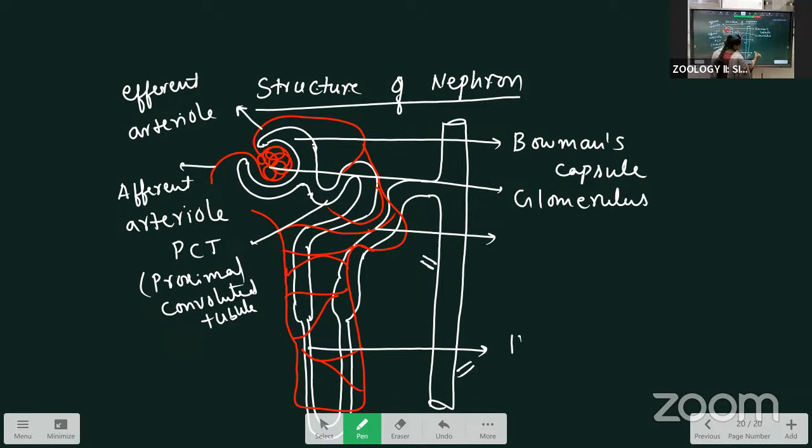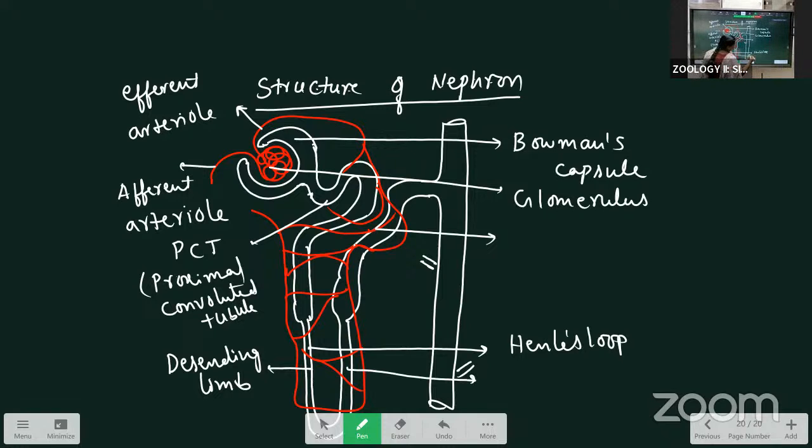The loop of Henle has two limbs. The first one, coming from anterior to posterior, we call the descending limb. The next one goes from posterior to anterior, and we call it the ascending limb.